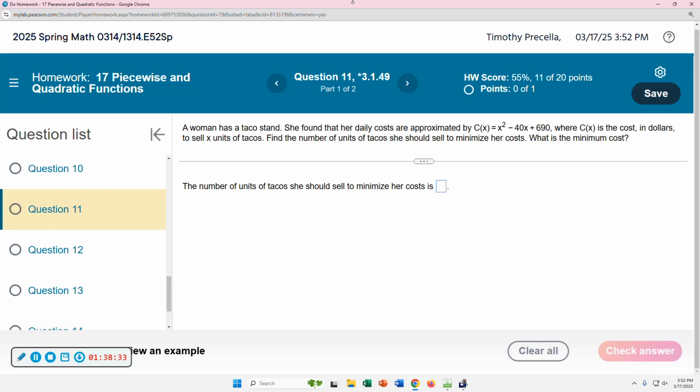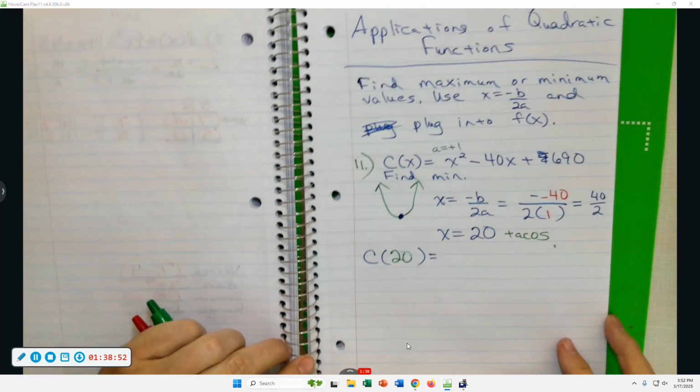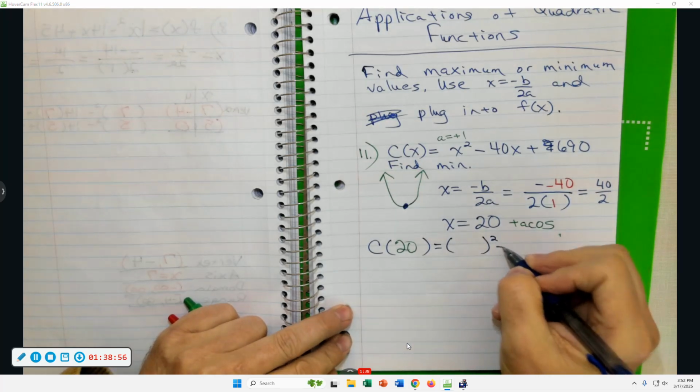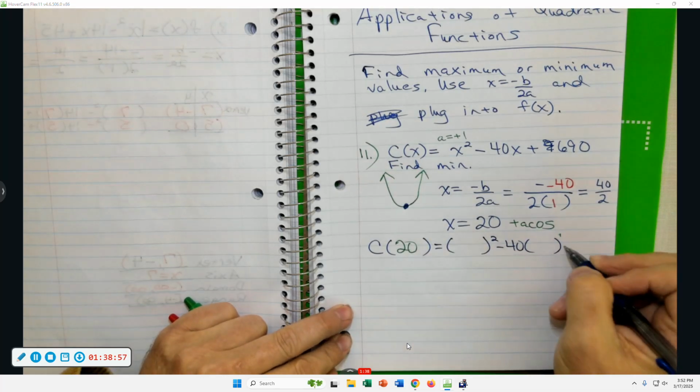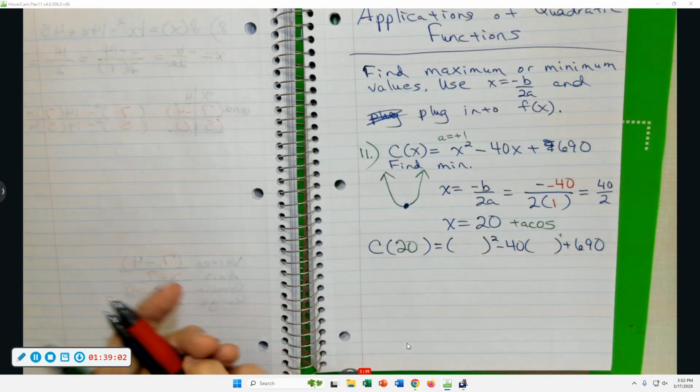So the cost of producing 20 units is 20 squared minus 40 times 20 plus 690, plugging in a 20.